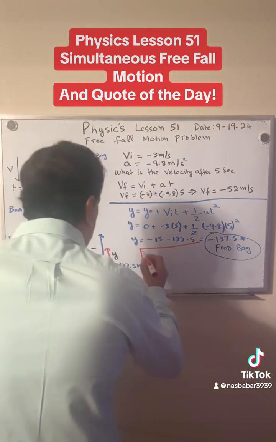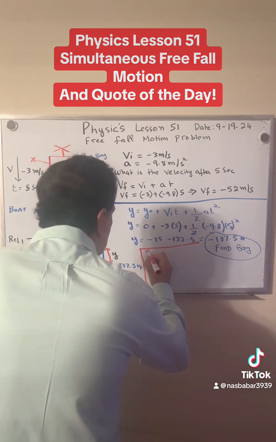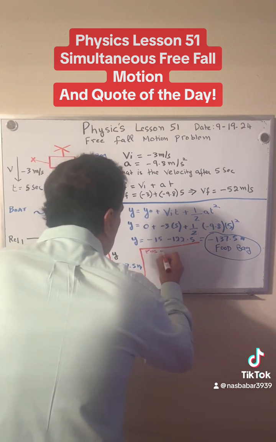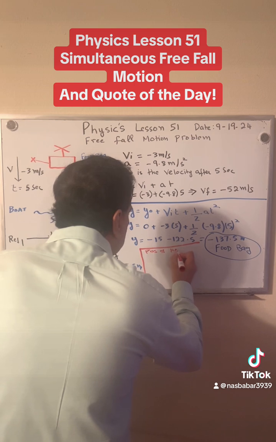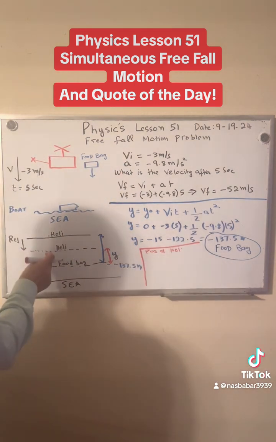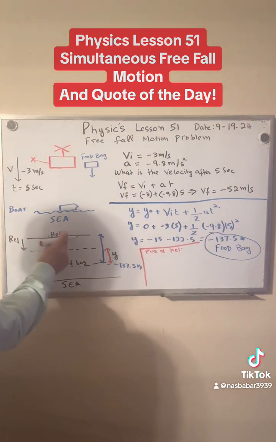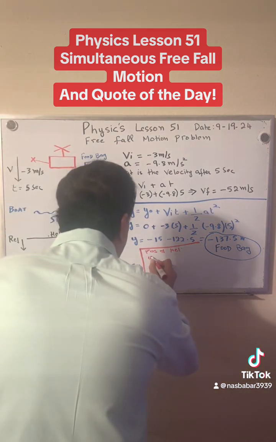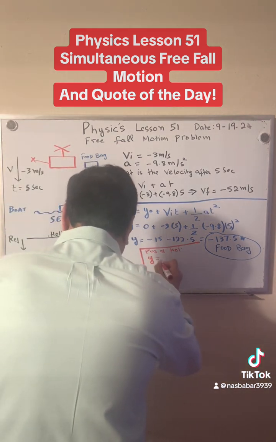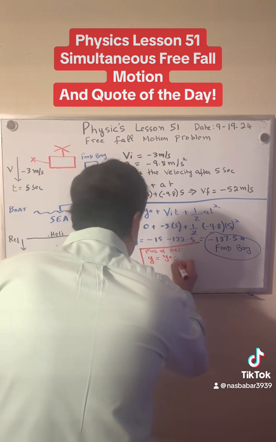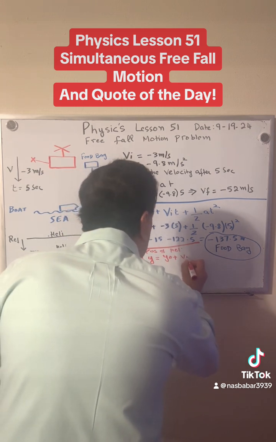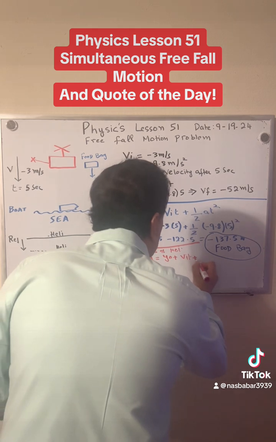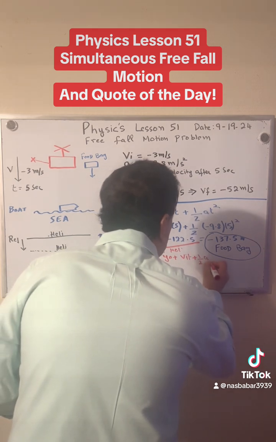So position of heli, I'm going to write this down. Position of heli, below the reference point. This right here is the reference point, initial position. So what we do is y is equal to y naught plus v i t plus half a t squared.